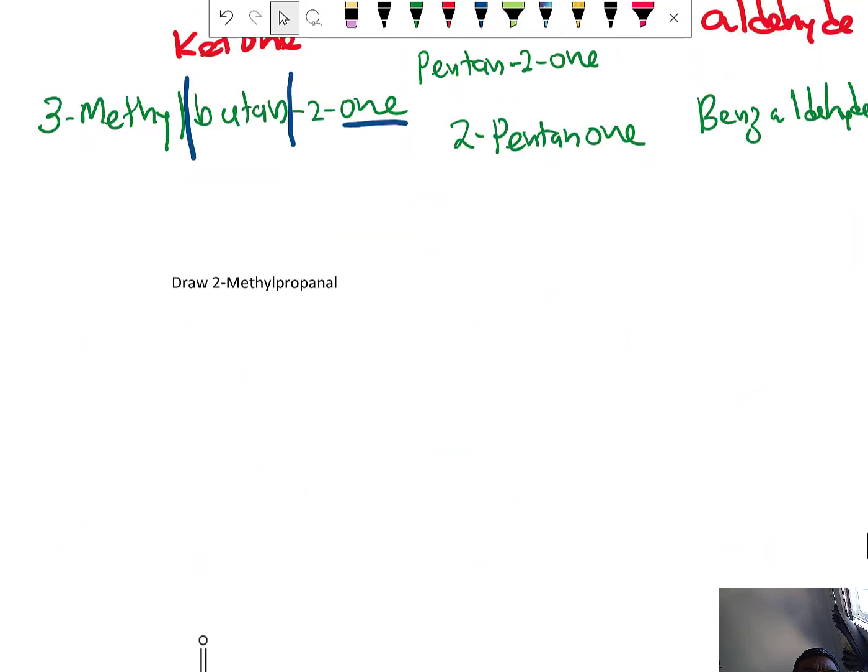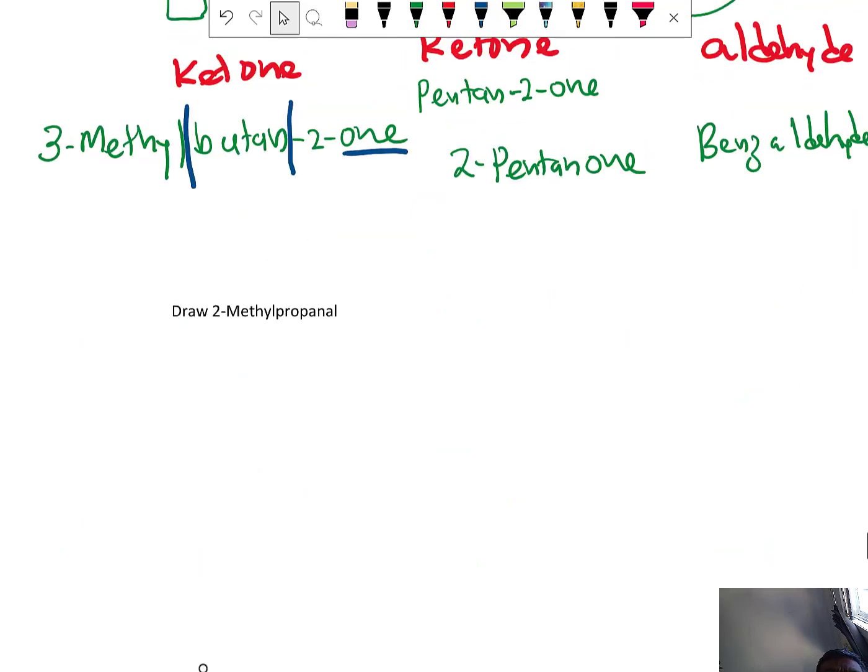Okay, so let's do this one here, draw 2-methylpropanal. Now I'm kind of going backward, right? So what I need to do: propanal. Propan is 3 carbons, 1, 2, 3, right? And if it is an aldehyde, it should be the first one.